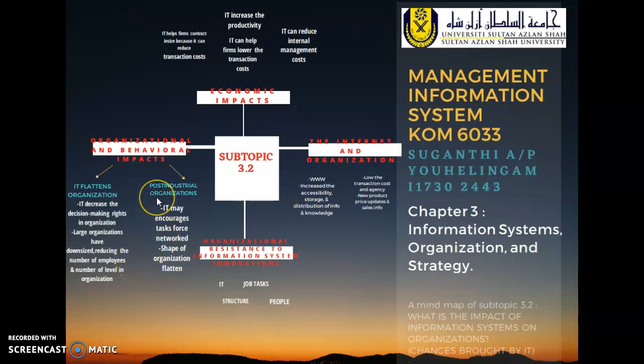Okay. Second main point is post-industrial organization. IT may encourage task force networks, and also the shape of organization flattens. Organization flattens because in post-industrial society, authority increasingly relies on knowledge and competence rather than formal position.